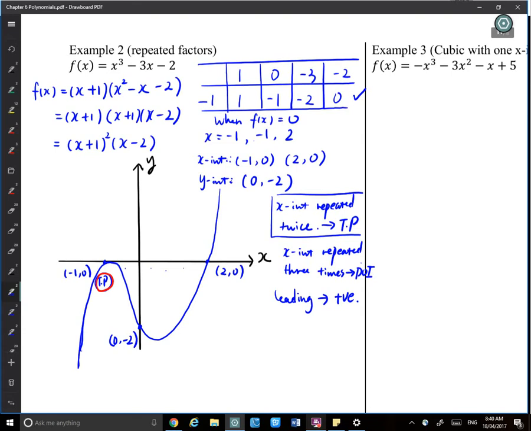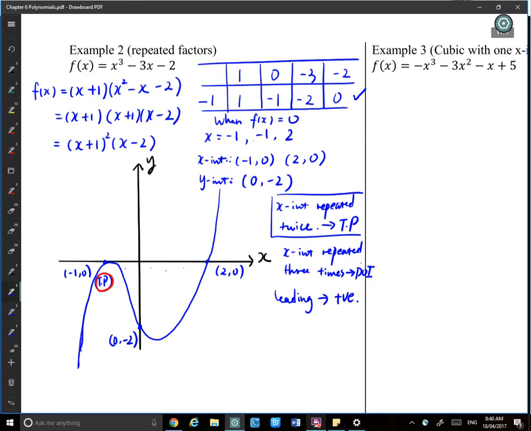If you have an even number of repeated factors, that will become a turning point. If you have a linear factor which repeats 3 times, that will become a point of inflection, which we'll learn in the quartic, in the next exercise.